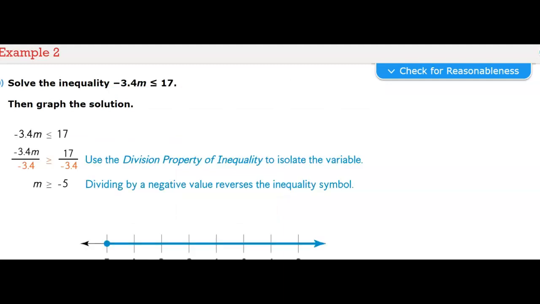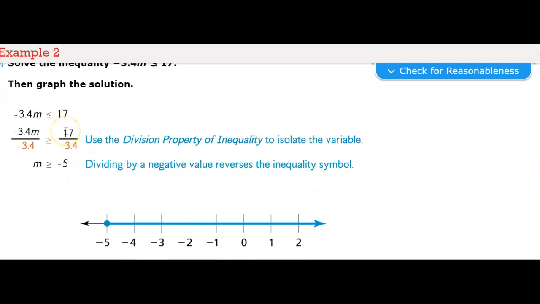All right, so here's what we have. Now, what I did not say in the last slide was that when you divide by a negative, your symbol changes direction.